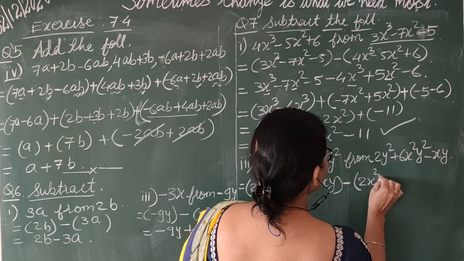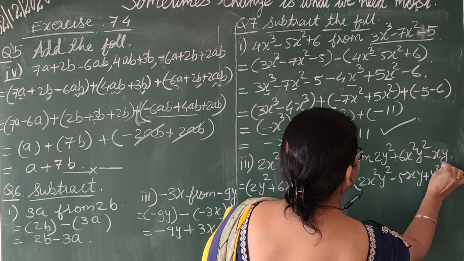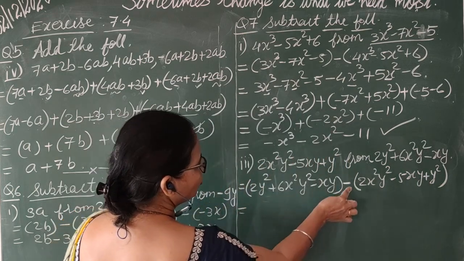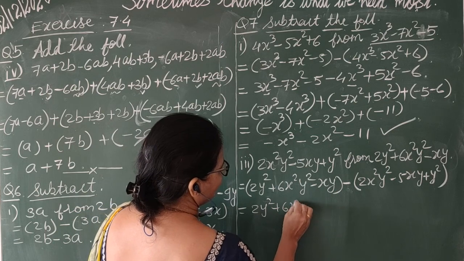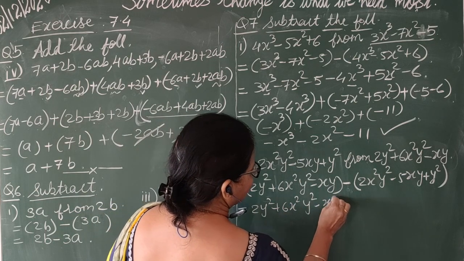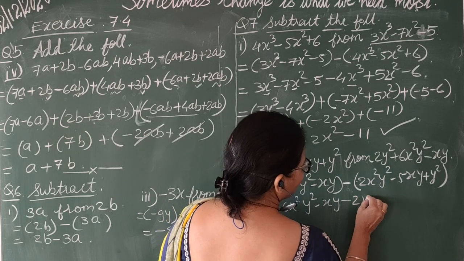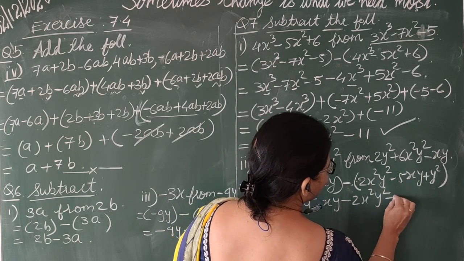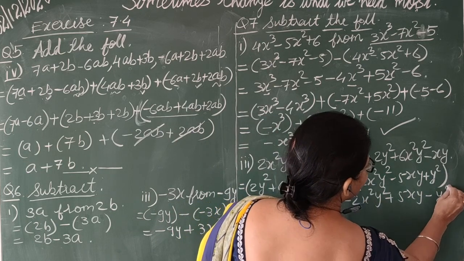The first expression you have to subtract. Now remove this bracket first. Before this bracket there is minus, so this sign will change, and minus into minus is plus. Minus into plus is minus.